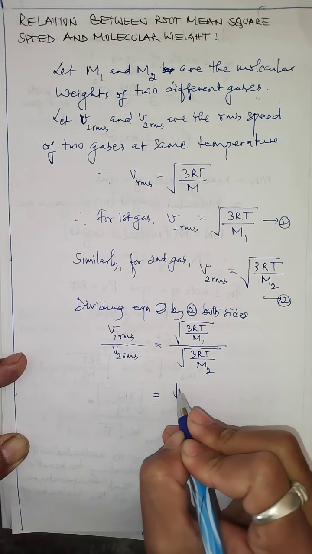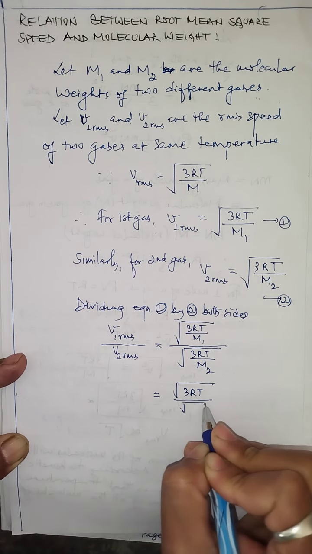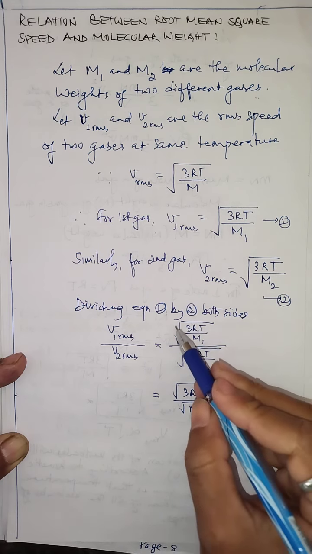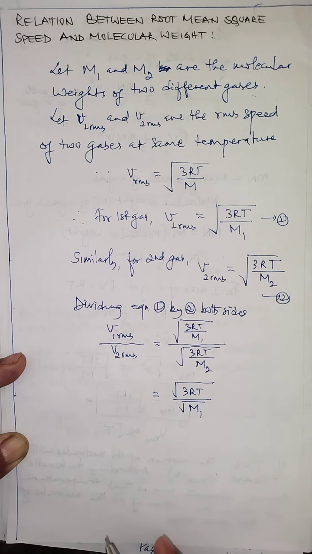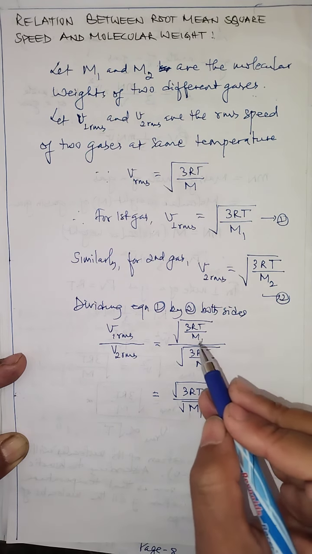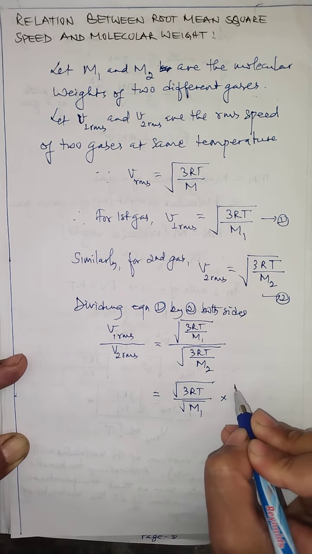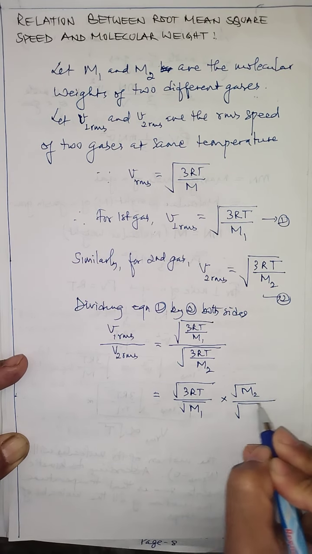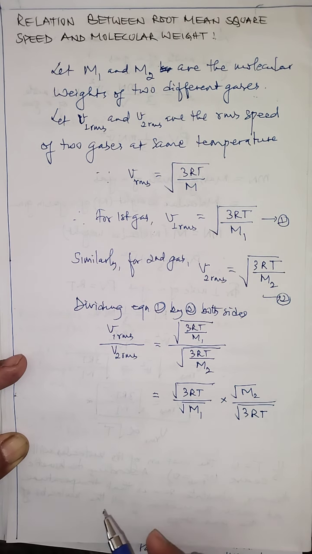It will be square root of 3RT by square root of M1. I am just splitting this square root, because the whole square root is for 3RT and M1. Now this quantity will be reciprocal, and I can split this square root too. So M2 will go in the numerator: square root of M2 by square root of 3RT. I hope you understood this part.